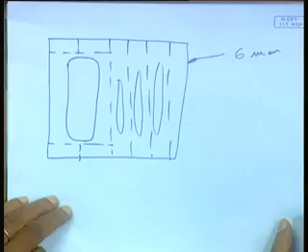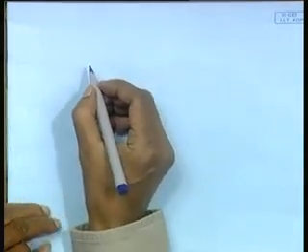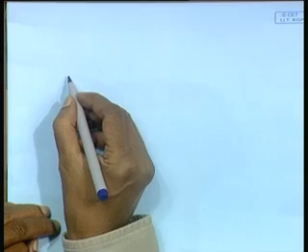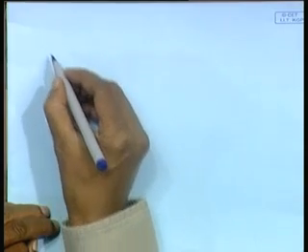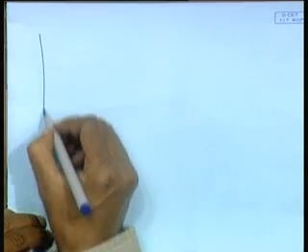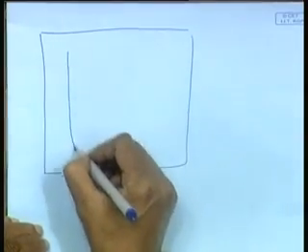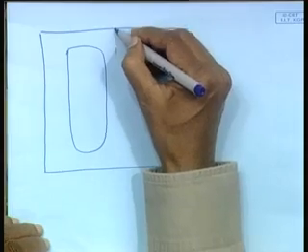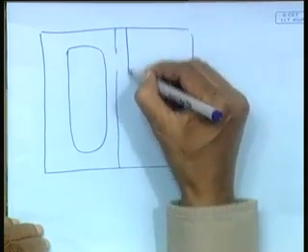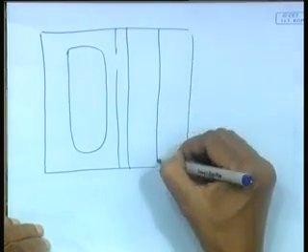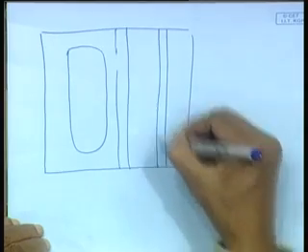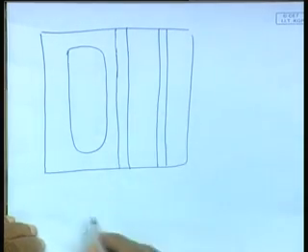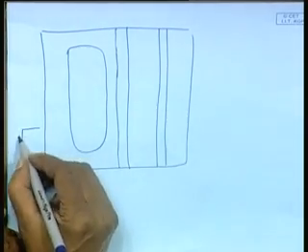So, instead of stiffening this bulkhead, if I make it a corrugated bulkhead, you have the same door opening, and here you have corrugations. This double line I am drawing indicates corrugations. How are the corrugations? Well, take a cross section.